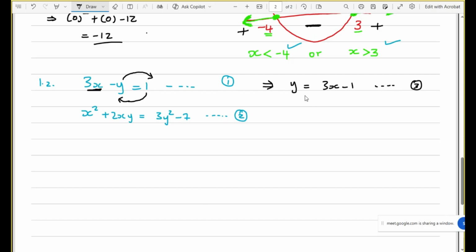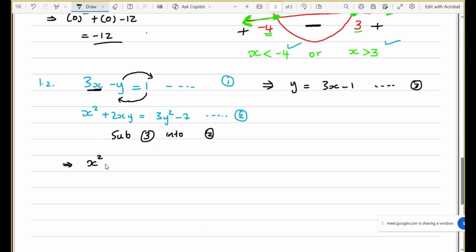Now that you know what your y is, on equation 2, you're going to substitute equation 3 into equation 2. On this equation, where there's y, you need to put 3x minus 1. Let's quickly work on that. Then we'll definitely talk about those common mistakes.